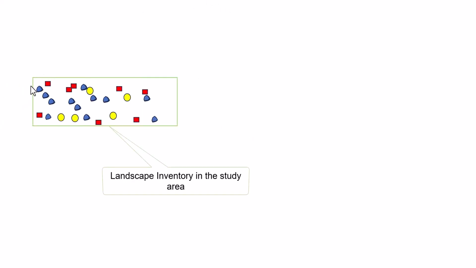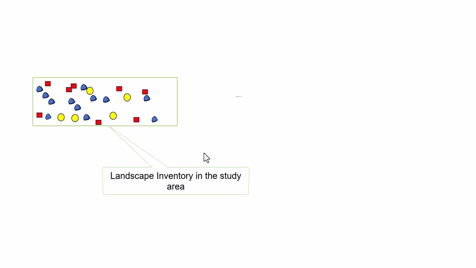What we have here is a study area that has a landscape which includes vegetation, urban and rural structures. Let us imagine that this blue shape represents deciduous forests within the landscape in our study area.